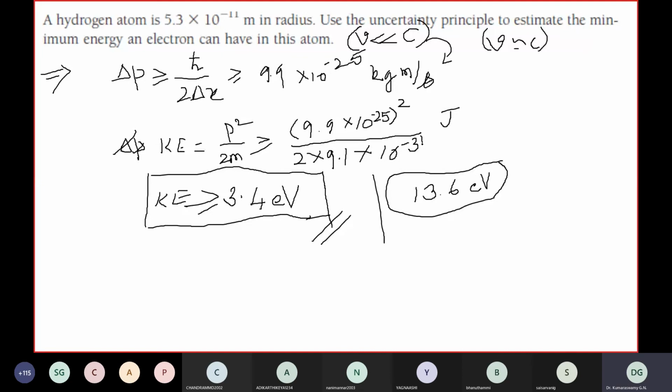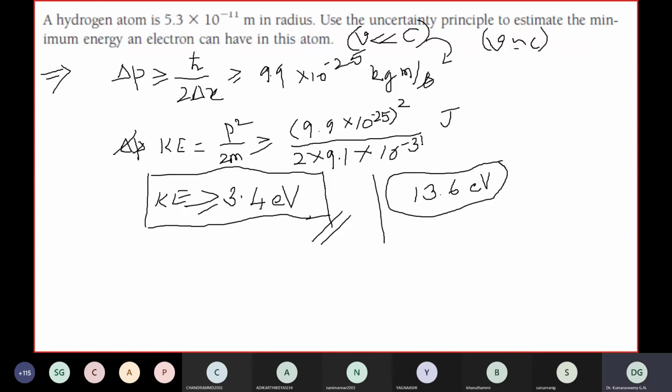Sir, but here they didn't mention. I will mention, I told you, if I give the question, I'll mention. Here it is not given, because it is a hydrogen atom, you would have already dealt with this problem. If not mentioned, it means this method only, PC only.